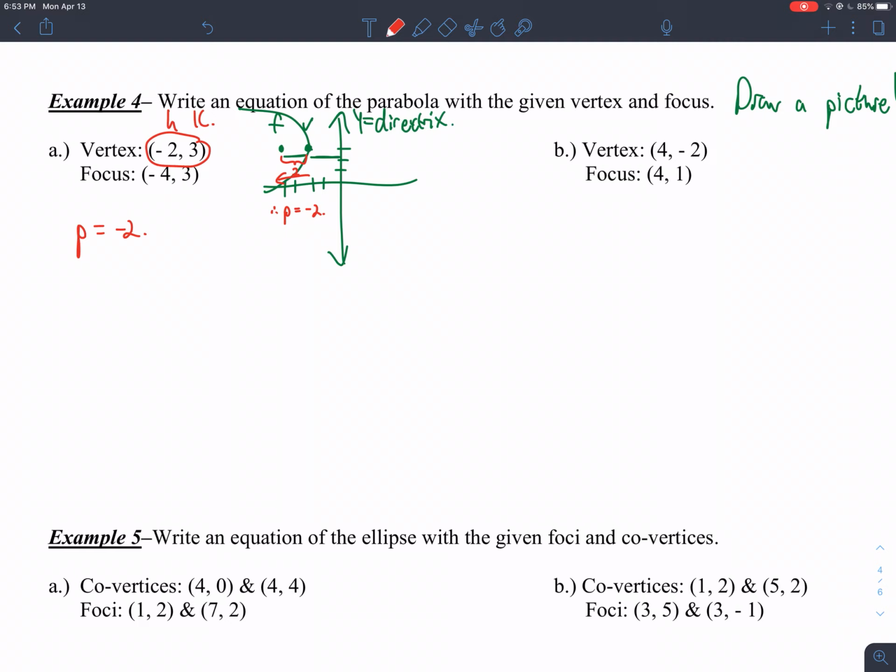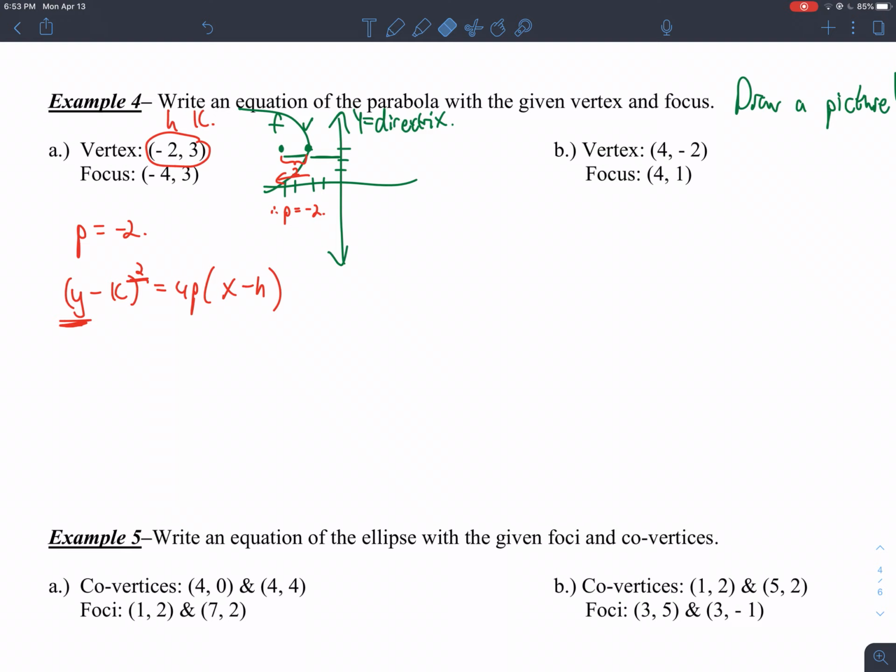If the parabola opens left and right, if it's a horizontal parabola, the term that must be squared is y, all right? So my standard form I use here is this. Y must be squared if it goes left and right, and x must be squared if it goes up and down, okay?